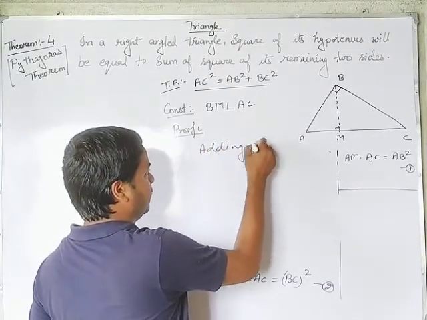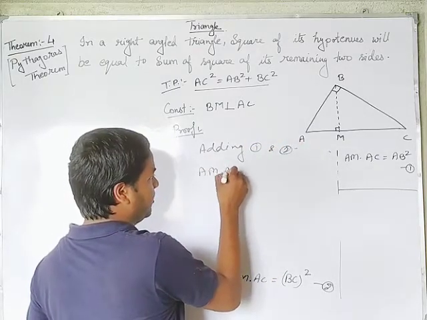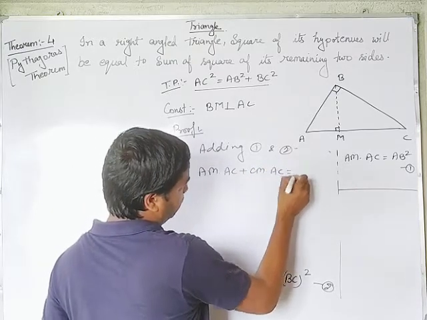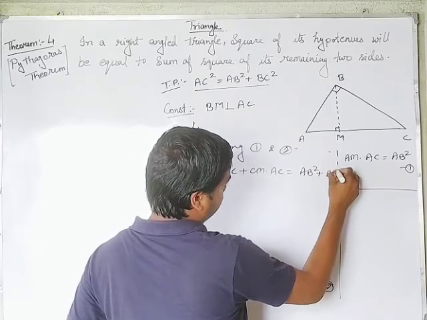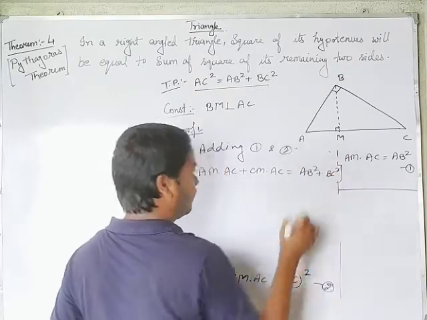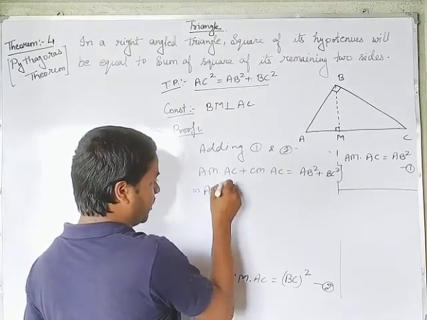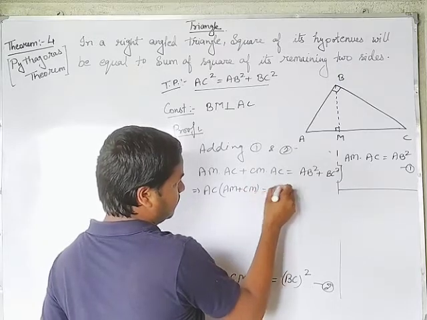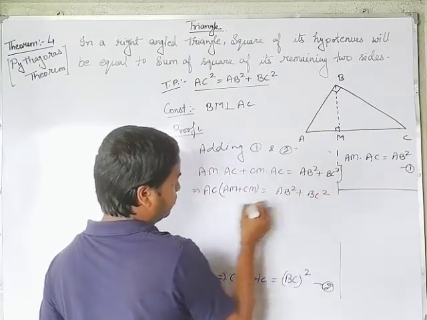Adding 1 and 2, we have AM into AC plus CM into AC is equal to AB square plus BC square. Now, from these two, AC is taken as common. Then we have AM plus CM, and on this side, AB square plus BC square.